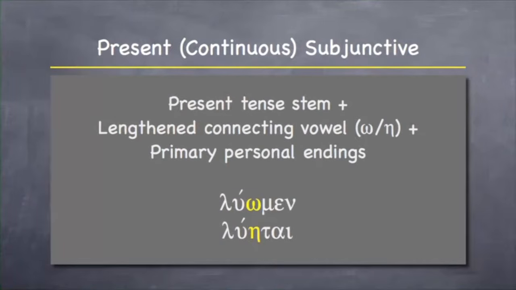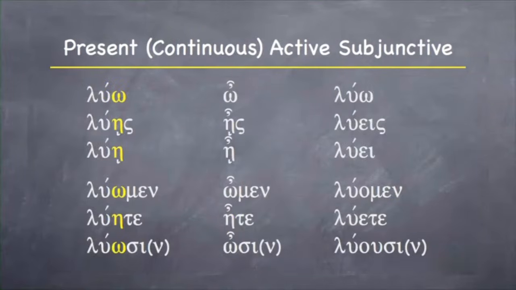Epsilon is lengthened to eta. The paradigm shows you not only the present active of luo, but also the present active subjunctive of luo, and then the present active indicative of luo as well. But the subjunctive goes luo, lues, lue, luomen, lueta, luosi.